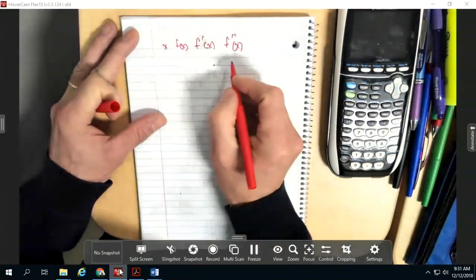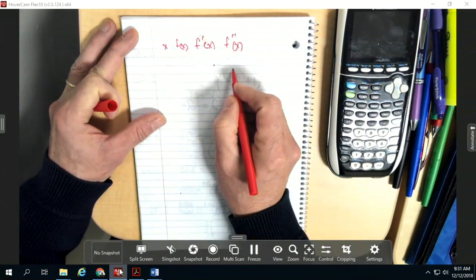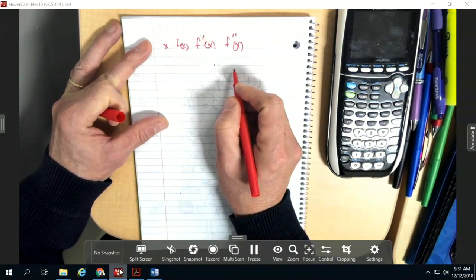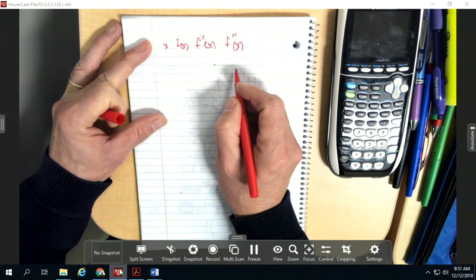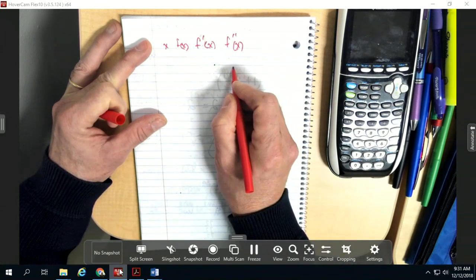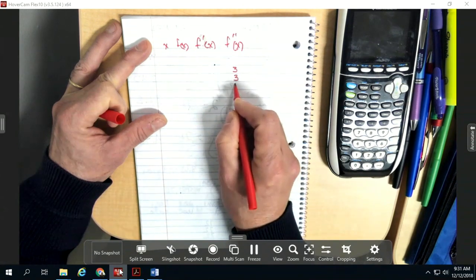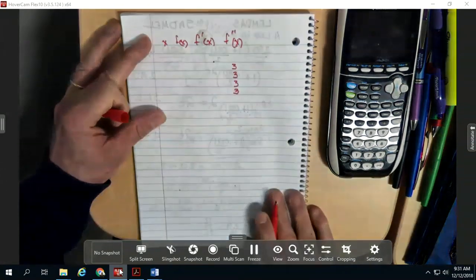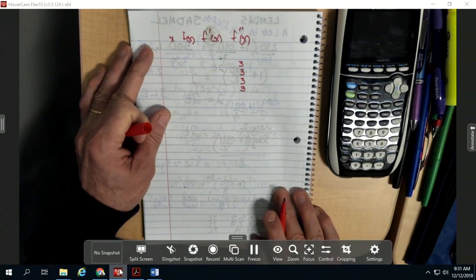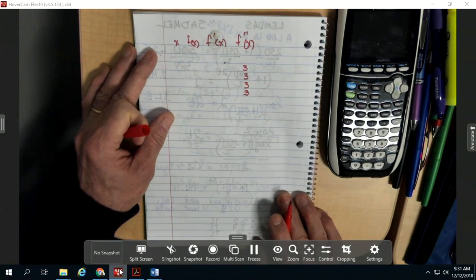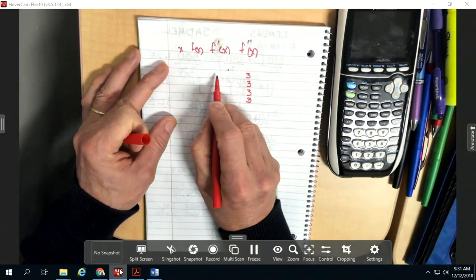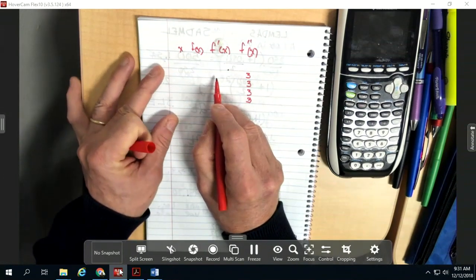Okay, give me a number that the second differences are always going to be. Don't say 2. Okay, 3. All right? Give me a number that the first difference is.